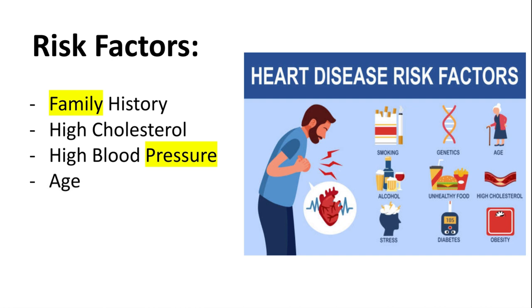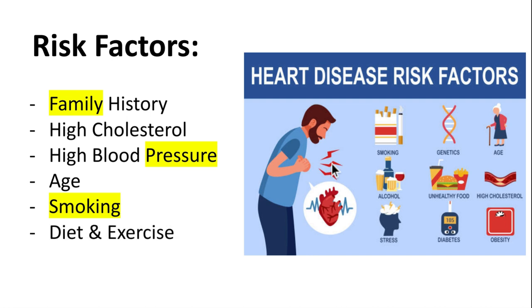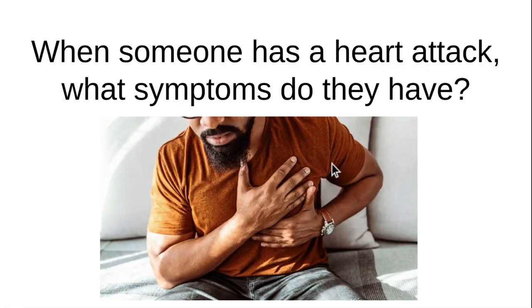The older you are, the more likely your arteries have more tears in them, and you've got more buildup that's going to narrow them. Smoking. This increases your blood pressure, and the chemicals in cigarette smoke also harden your arteries and make them less elastic. And then, of course, diet and exercise. If you're eating a lot of cholesterol-rich foods, you've got more cholesterol floating around in your bloodstream, which can then block up your arteries.